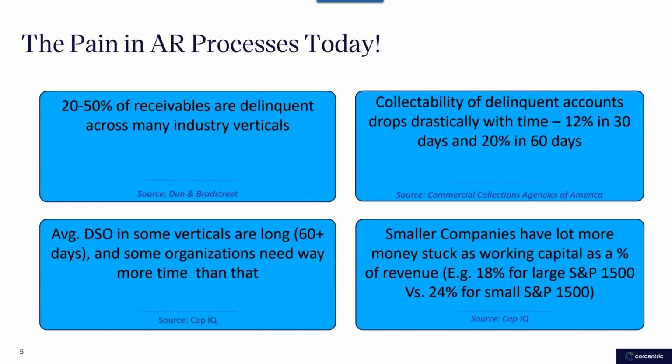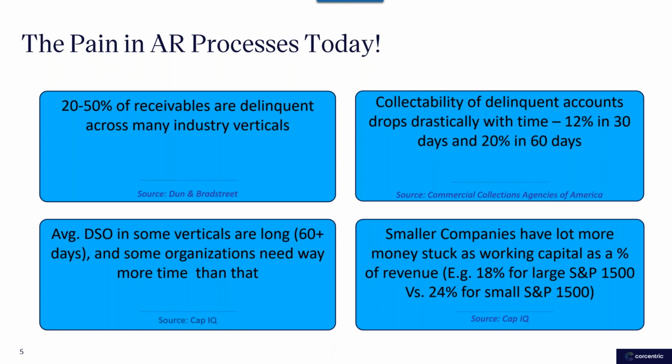Right? And some of the other things out there is some industry verticals have the average DSO already pretty high. So we consistently see DSO in the 50 and 60 days. There are many industries where it goes to even 70, 80 days on average.